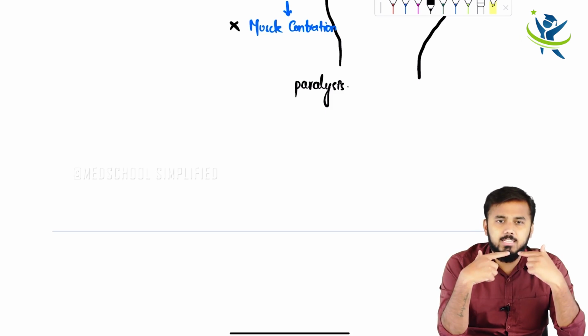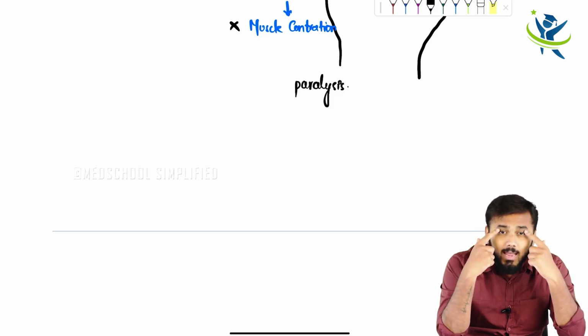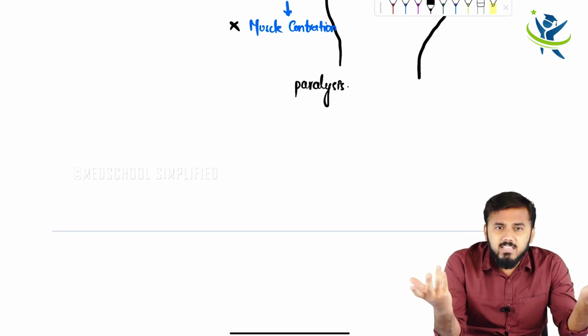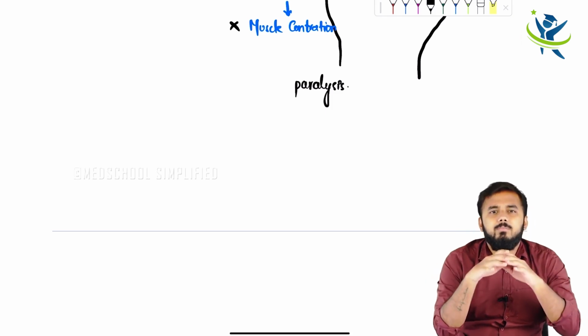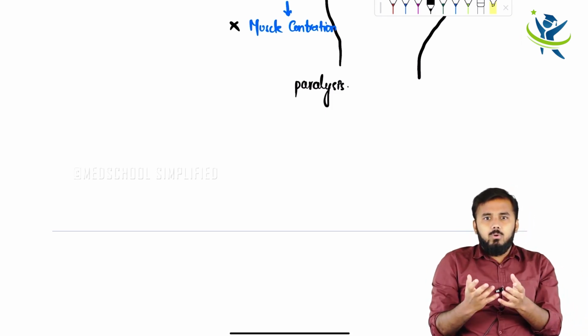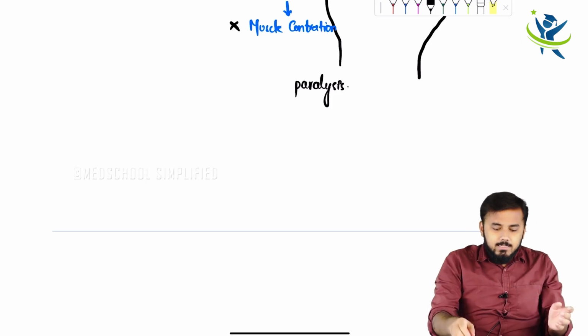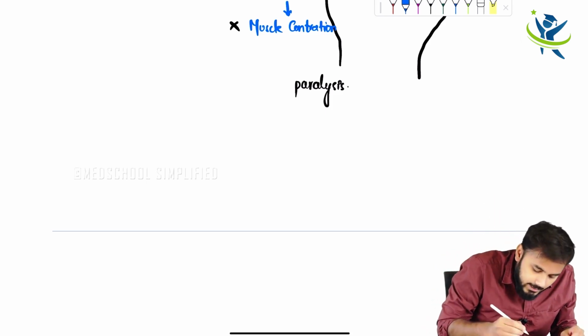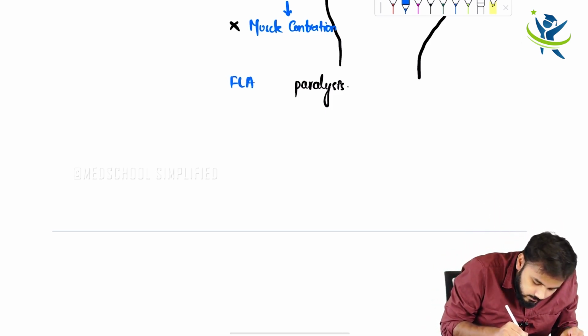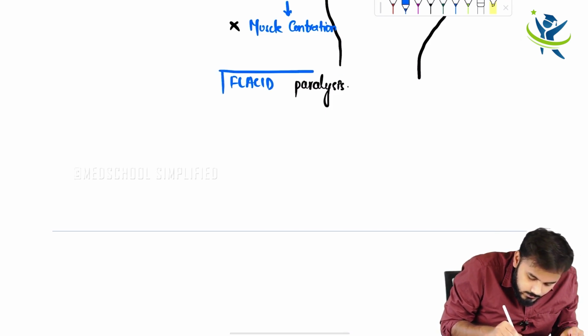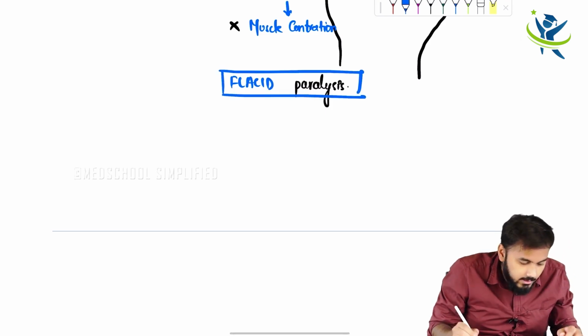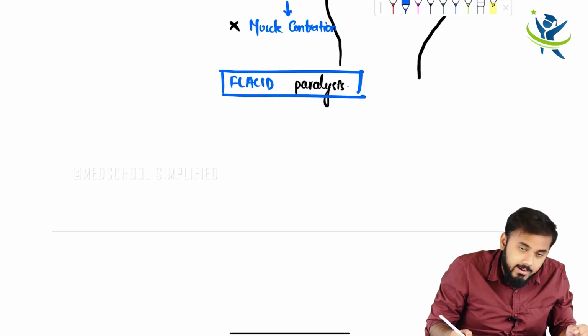You won't have any facial expression. You won't even have the ability to lift your eyelids. All the muscles are weak, flaccid, floppy, right? They're drooling, they're dripping down. So such weak paralysis is called flaccid paralysis. That is called flaccid paralysis, right?